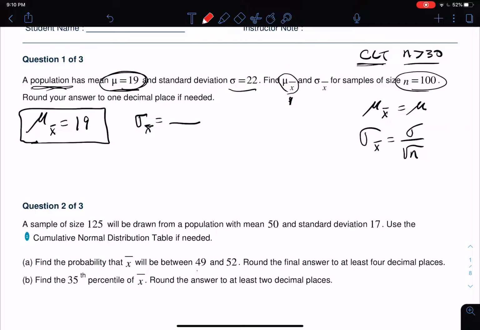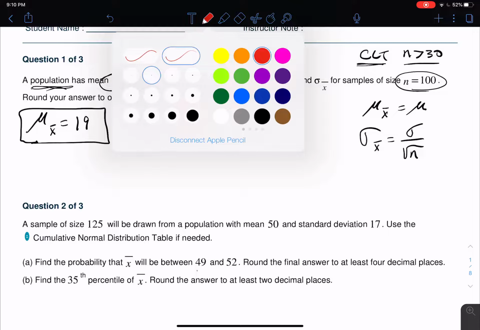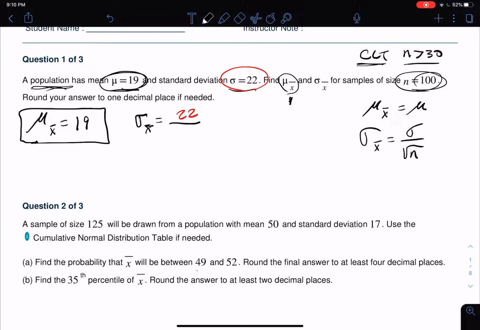They give us that the population standard deviation is 22. And we also know that the sample size is 100. You just need to take the square root of that, and the square root of 100 is 10. And so the standard deviation of our sample means is going to be 2.2.